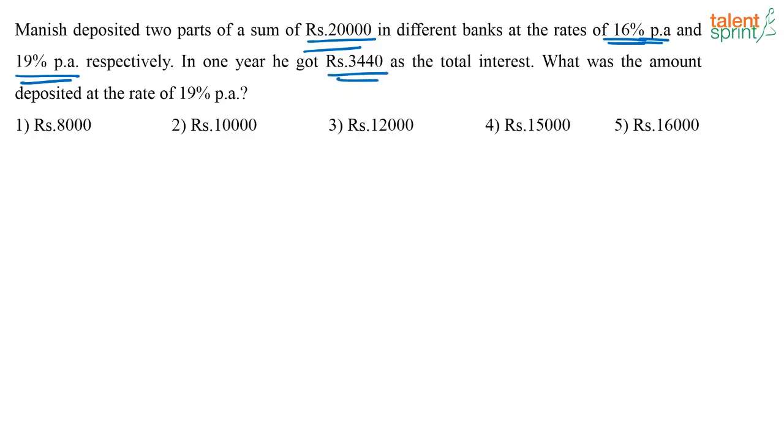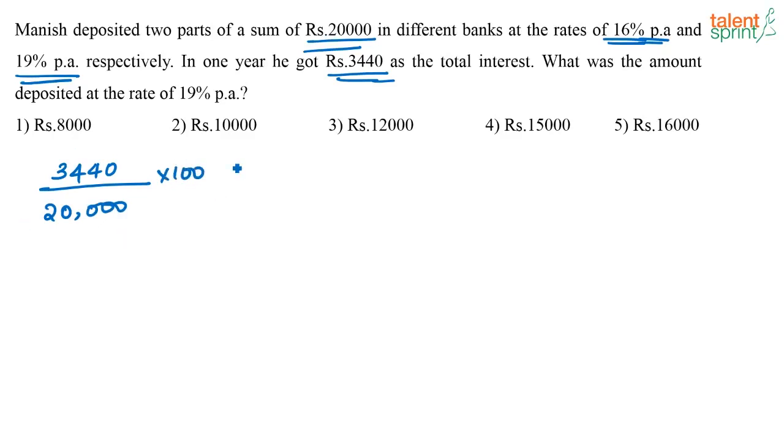So what is the rate at which net he has invested the amount? See, in this 20,000 rupees, net he is getting 3,440 rupees as interest, so the rate at which he has invested is nothing but 3,440 divided by 20,000 into 100, right?